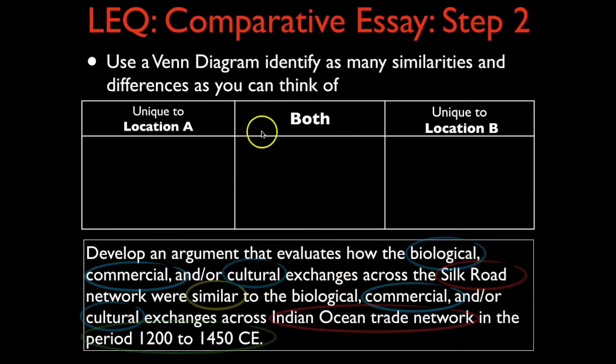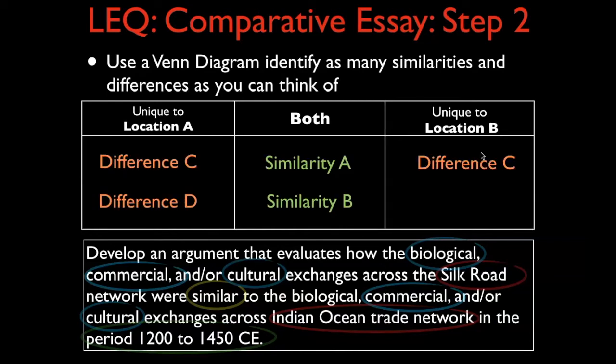In the middle, you're identifying things that are true of both the Silk Road and the Indian Ocean sea lanes. Here we have something that's unique to location A, so maybe it's the Silk Road, unique to location B, maybe this is something that's true of the Indian Ocean sea lanes, but not the Silk Road. And so you start to plug in different similarities and differences as you do this brainstorming activity.